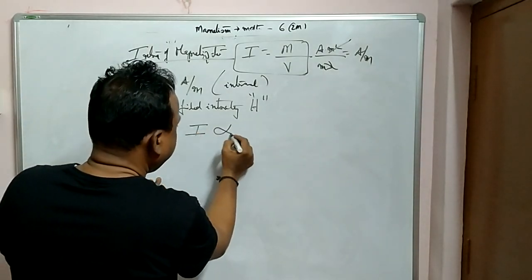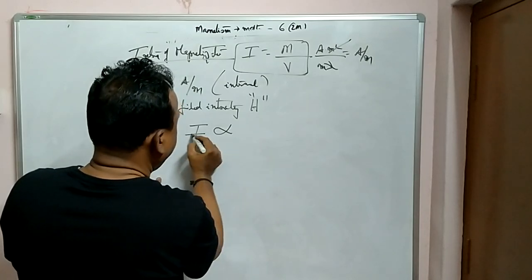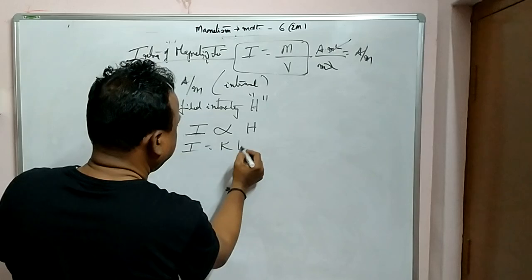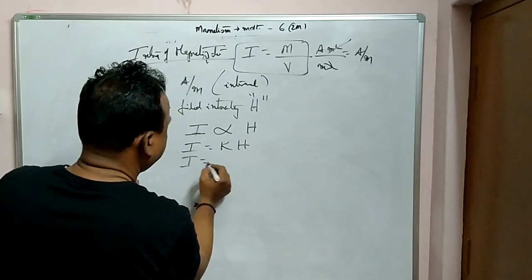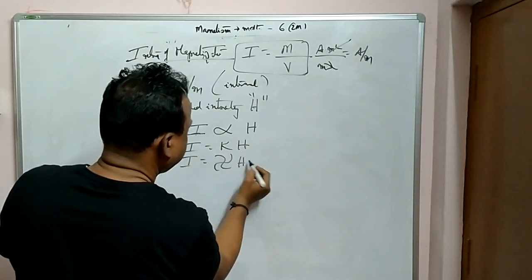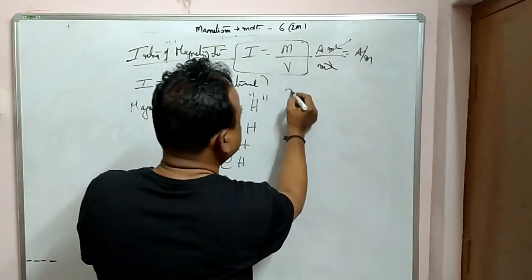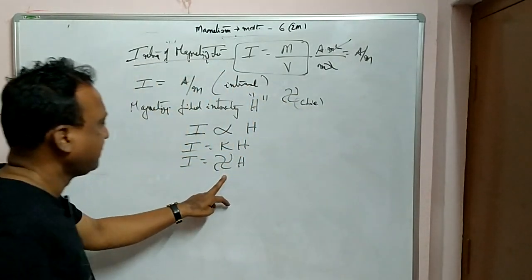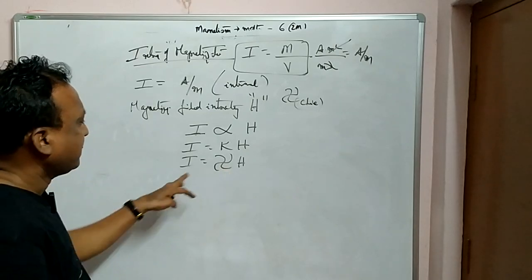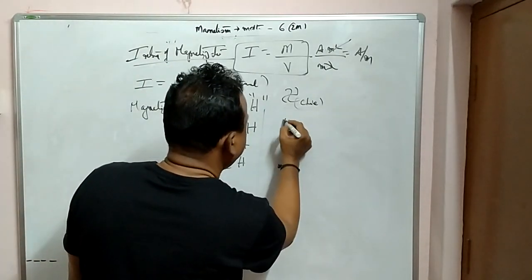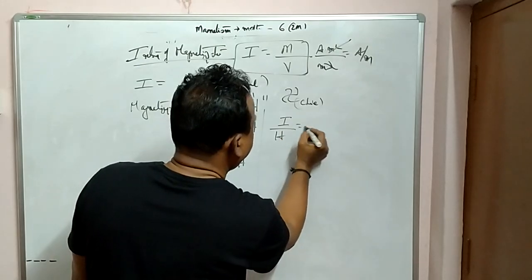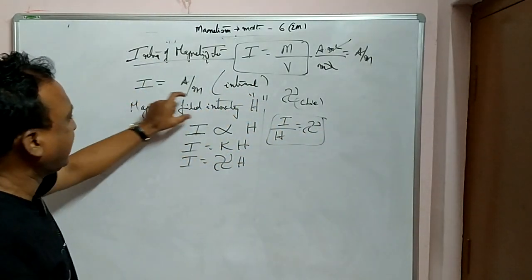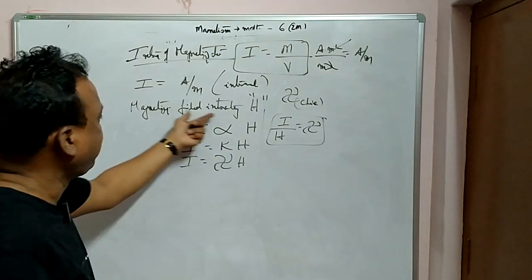I is directly proportional to H, or I is equal to some constant into H, or I is equal to psi into H. This is called psi, or you can call it zeta or psi. It is a constant, and it is dimensionless because it is the ratio of I by H, the ratio of intensity of magnetization to the magnetizing field intensity.